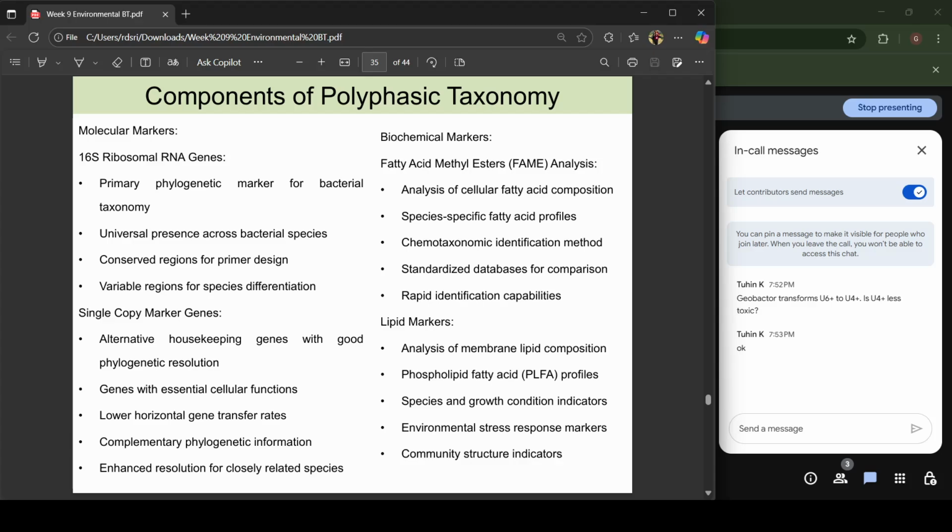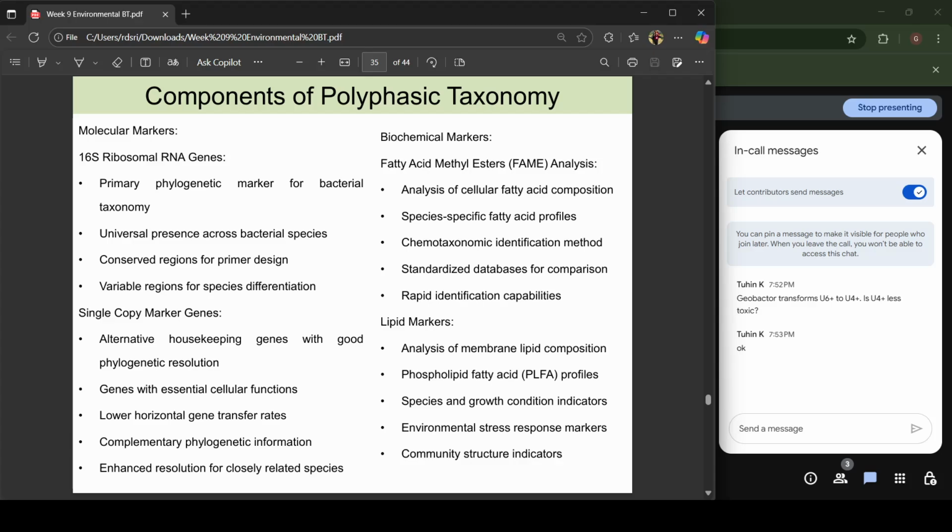In the case of molecular markers, the first one is the 16S rRNA gene. It is the primary phylogenetic marker for bacterial taxonomy, and it has universal presence, so we can just design a primer that is commonly used for multiple organisms. But in order to differentiate between the organisms, we study the variable regions.